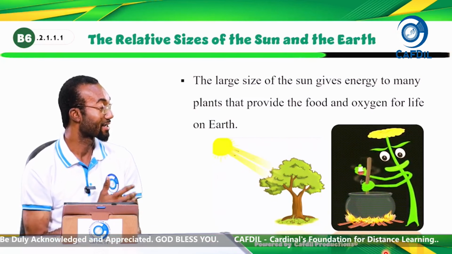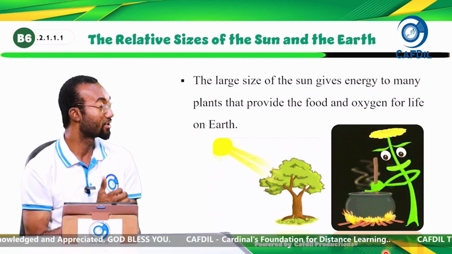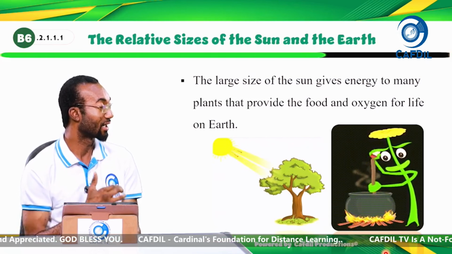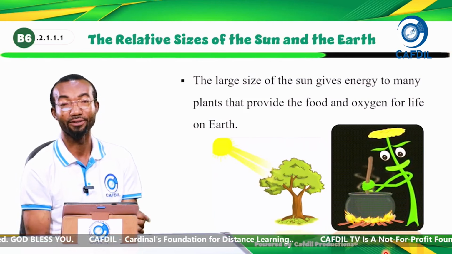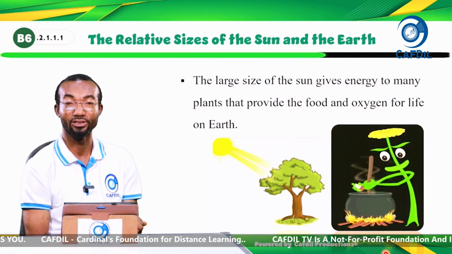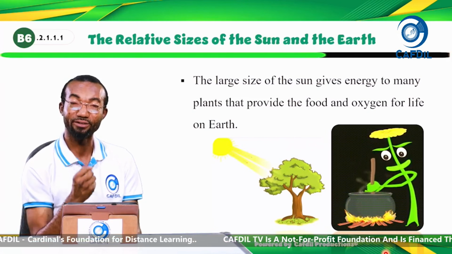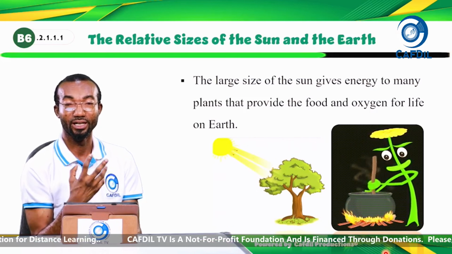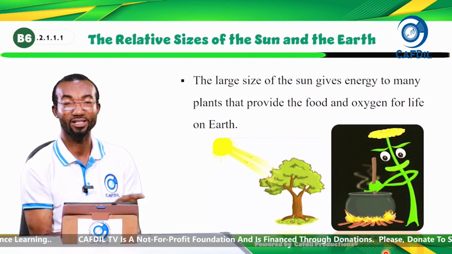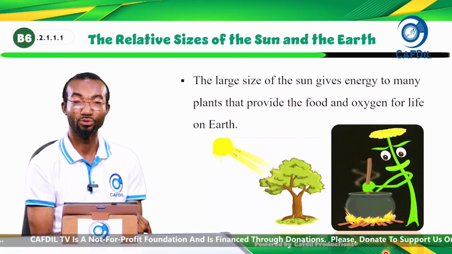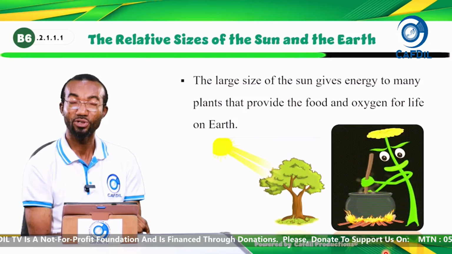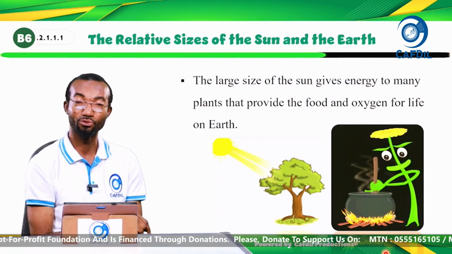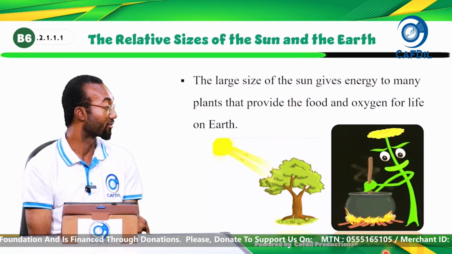The large size of the sun gives energy to many plants that provide food and oxygen for life. So that's another benefit. The plants benefit from the light of the sun. If the sun were very small, plants would not get enough sunlight to prepare their own food. And we depend on the stored food of these plants to live on earth.